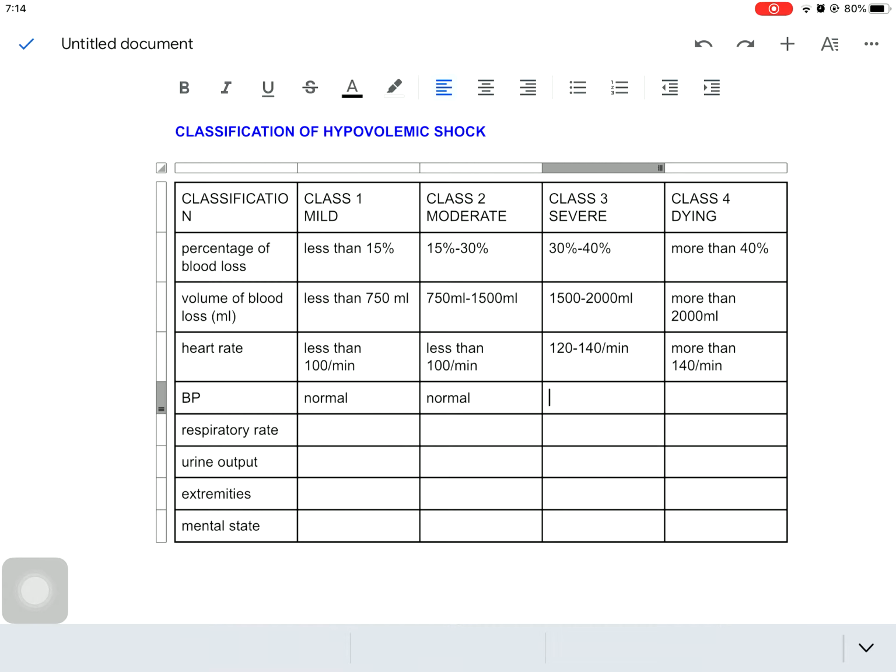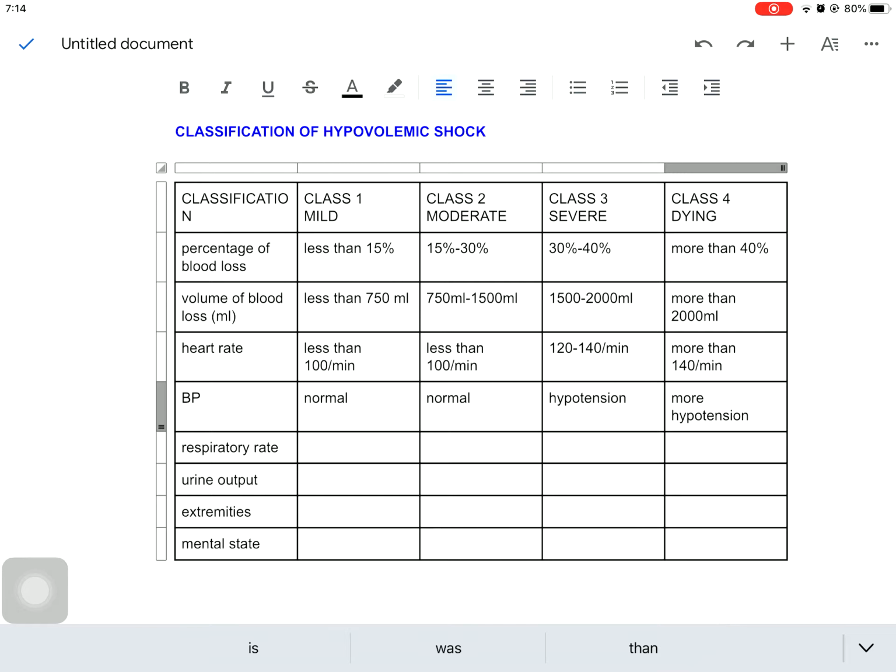For class 3, usually they are hypotensive. For class 4, there is more hypotension than class 3.